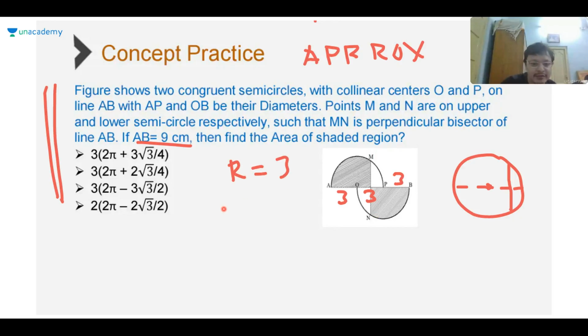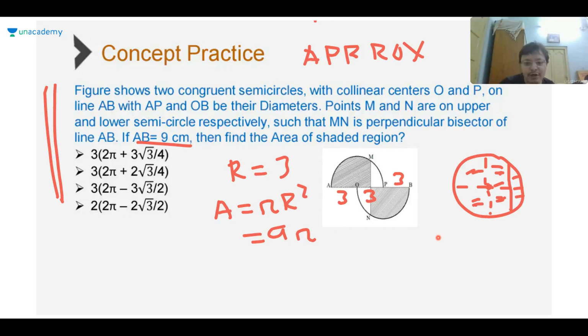So what is the area? The area of the circle is pi r square, which is equal to 9 pi, but that is the area of the entire square. Out of that, if you look here, this portion is basically half of the square, and this portion is definitely more than 3/4 of the square, because this portion is wider than this portion.